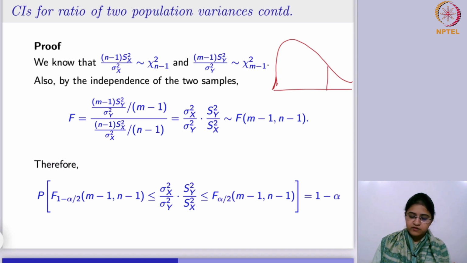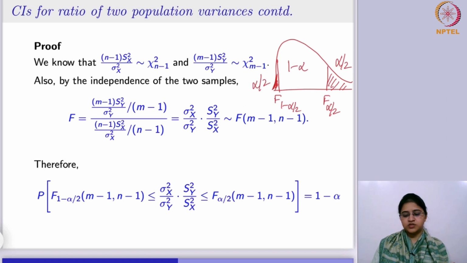So here you will have one value, and this side it would again be alpha by 2. So you have f 1 minus alpha by 2, and this is f alpha by 2. This area is alpha by 2, this is 1 minus alpha, and this is alpha by 2 again to this side.